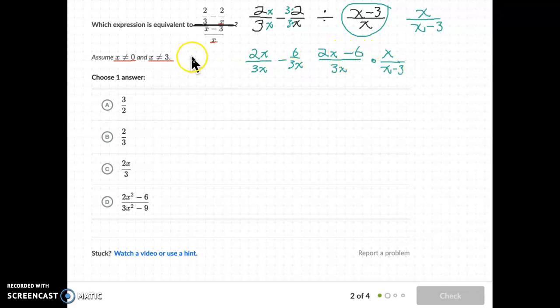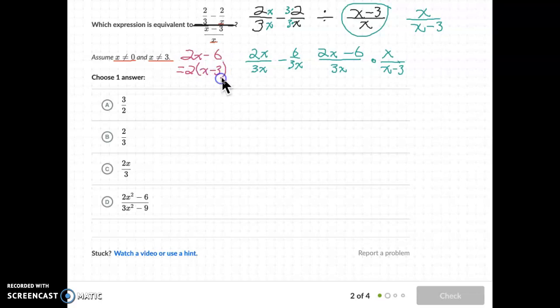Let me write this over here, 2x minus 6. We can actually factor out a 2 and we'll be left with x minus 3. So we can rewrite this as 2 times x minus 3.